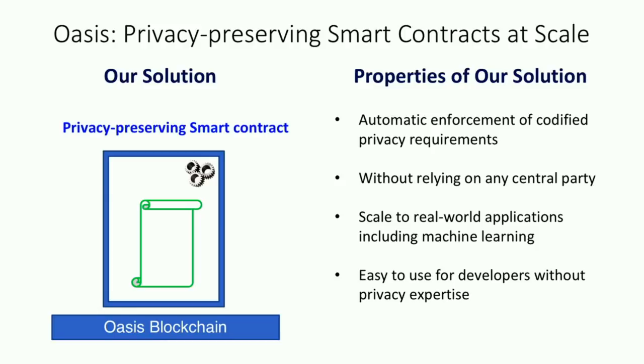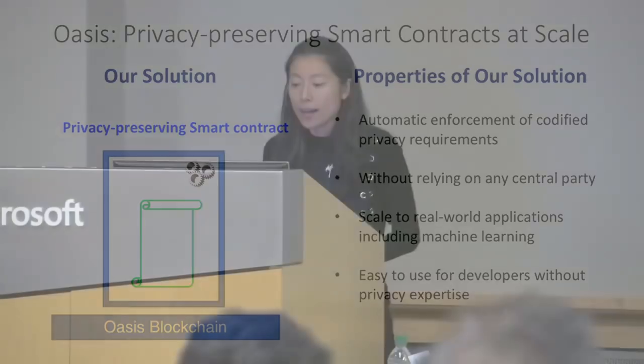It enables automatic enforcement of codified privacy requirements. So the privacy requirements here are coded into the smart contract, and we can enforce this without relying on any central party. And it's designed to scale to real-world applications, including heavy workloads such as machine learning. And we design the technology to make it much easier for developers to build privacy-preserving applications without needing to be a privacy expert.